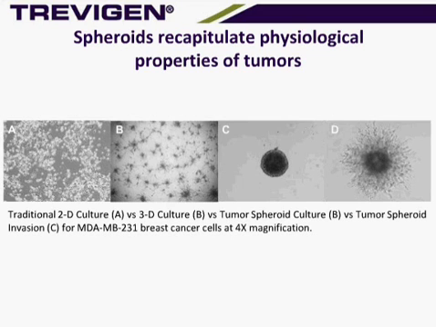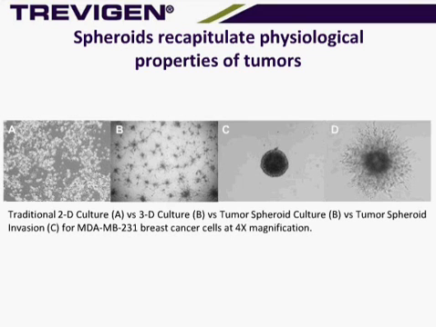You see kind of a cobblestone morphology. Figure B is a traditional 2D culture where the cells are basically in a single cell suspension. They're added to a basement membrane hydrogel, and what we see are several small invading structures within the culture.